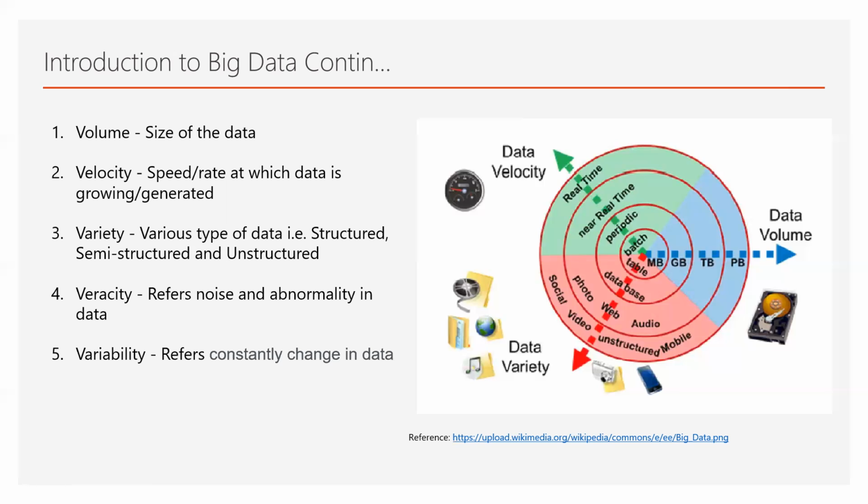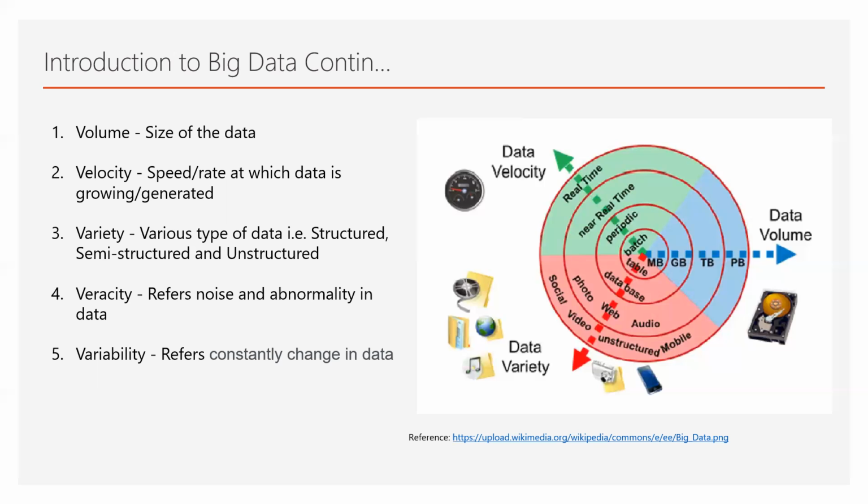Apart from this, there are other characteristics as well, such as veracity. Veracity refers to noise and abnormality in your data. People who have worked in a data analyst role or a machine learning role know that when the data comes to their team, it has to be cleaned data, processed data which has proper information, and only then can they use it for building machine learning models.